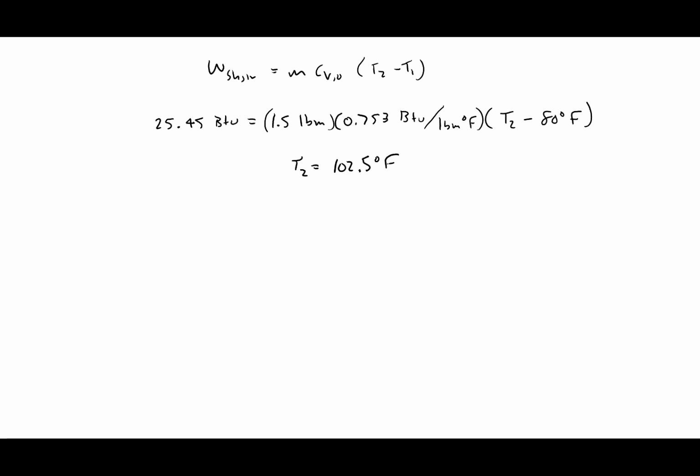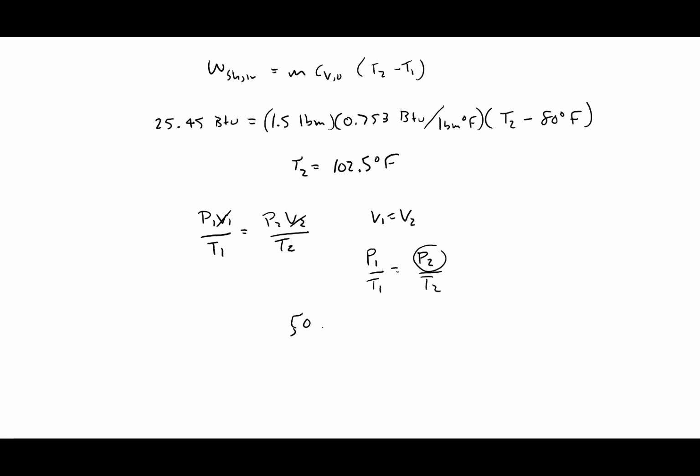The last thing we want to find is the final pressure, and we can find that from, we know this is an ideal gas, so we can use the ideal gas relation. P1V1 over T1 is equal to P2V2 over T2. We know that V1 is equal to V2, so they just go away. And so now we have P1 over T1 is equal to P2 over T2. We know what P1, T1, and T2 are, so we're just going to solve this equation for P2.